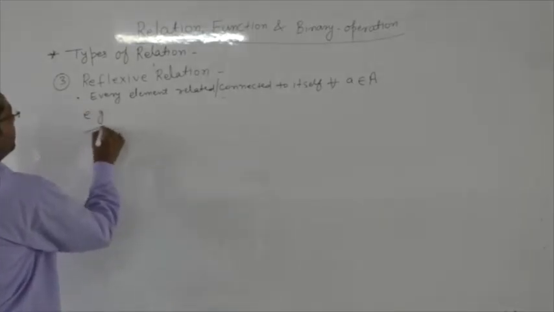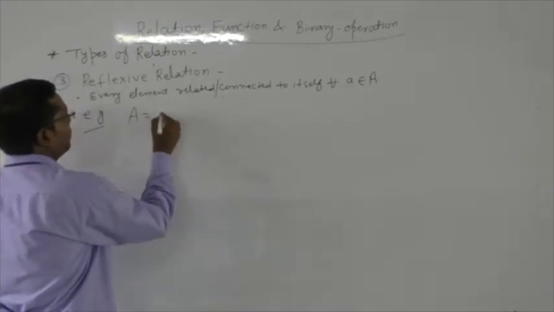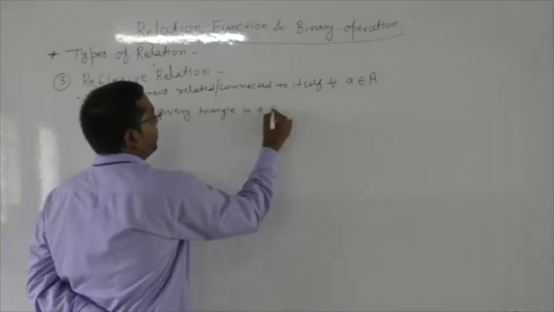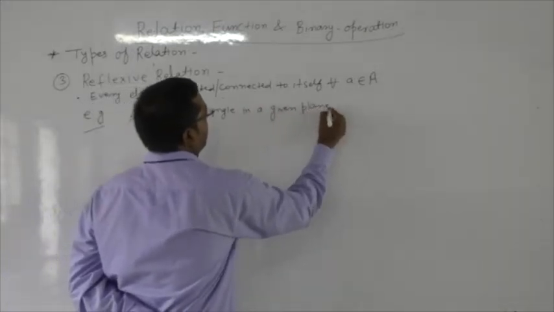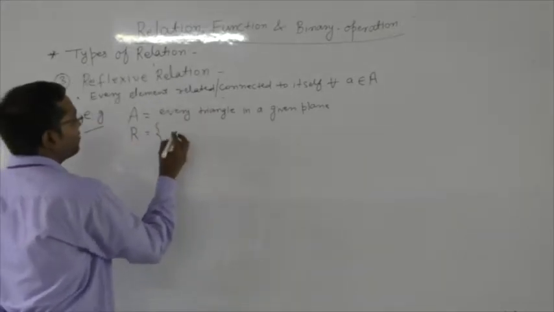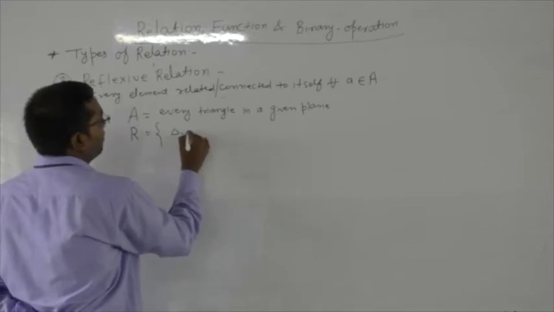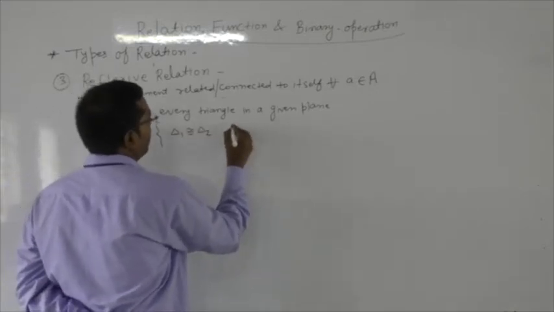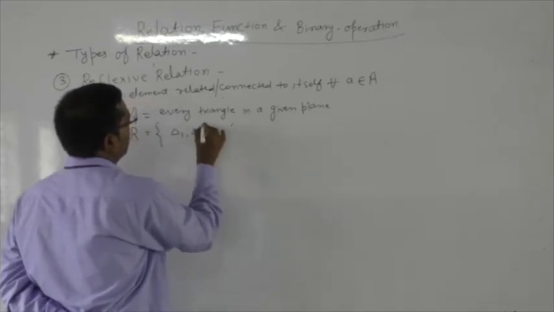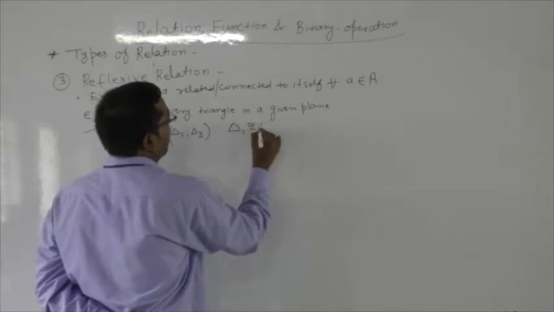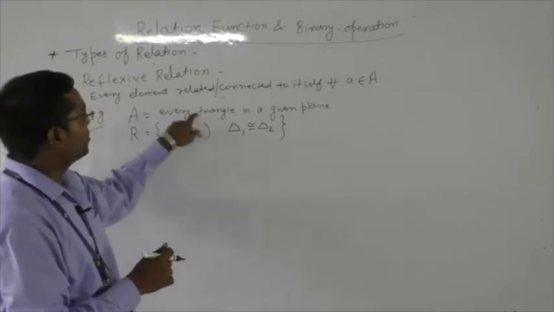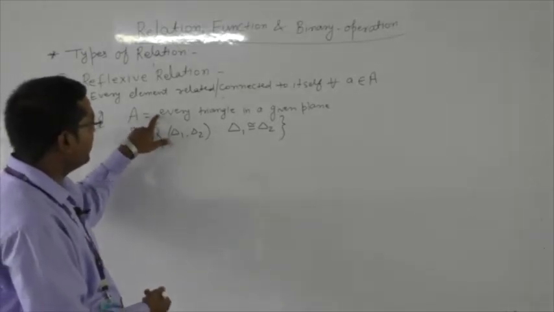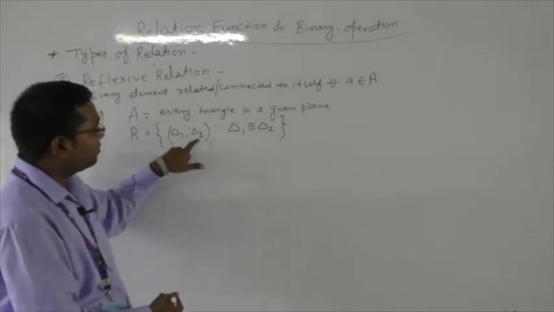Suppose set A is every triangle in a given plane, and the relation I am defining here is: triangle 1 is congruent to triangle 2, where the triangles belong to this set. This relation is defined on this set A.